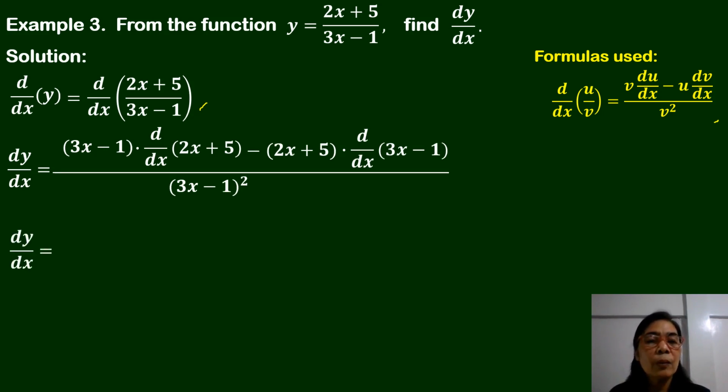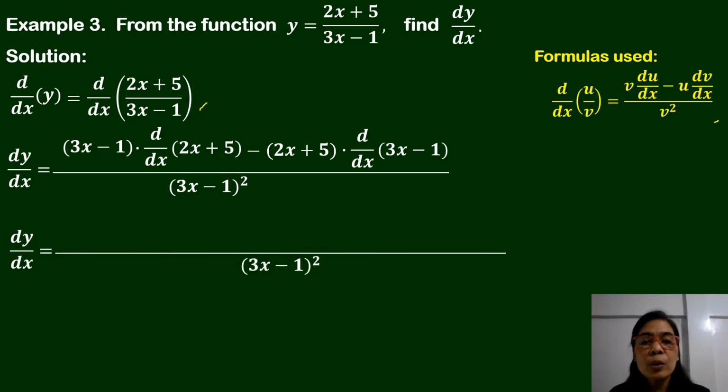So we continue our solution. Those factors or terms which do not contain a derivative will simply be copied. So we have there 3x minus 1, then times the derivative. So we go back again to the list of differentiation formulas. This is the derivative of 2x plus 5. It is a sum. So we apply the derivative of sum.